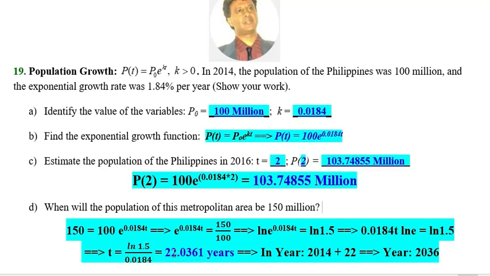So it's going to take about 22 years for the population of the Philippines to be 150 million. And that will be in a year 2014, that is the start, plus 22 years, that is in the year 2036, the population is going to reach 150 million.